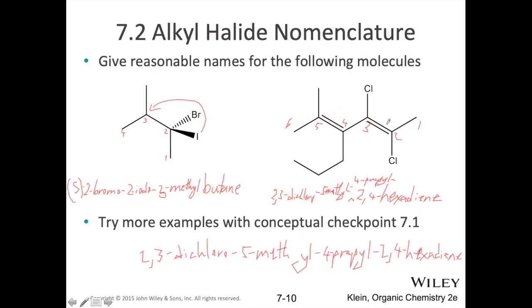With this double bond, on the other hand, the orientation of these 2 chlorines is important, and since they are on opposite sides of this double bond, that makes this a trans isomer. So that is trans-2,3-dichloro-5-methyl-4-propyl-2,4-hexadiene. Once again, this is a really ridiculous name. Don't stress about something like this showing up on a quiz or exam.